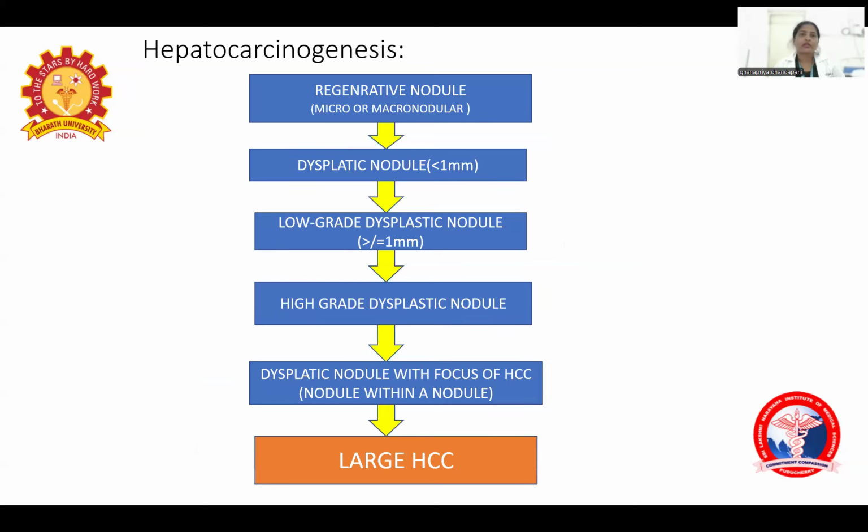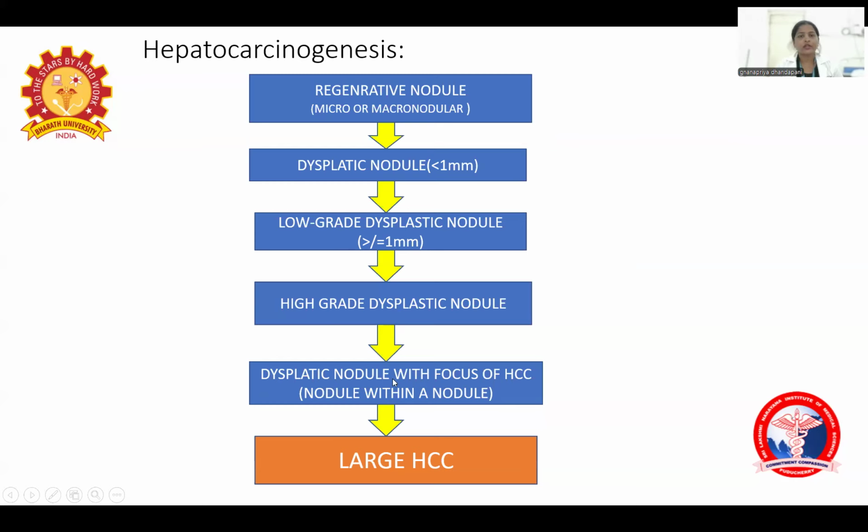Coming to hepatocarcinogenesis, in a cirrhotic liver there is regeneration of the hepatocytes. This regeneration appears as micro and macronodular patterns. These nodules undergo dysplasia, initially as small foci less than 1 mm, known as dysplastic foci. Then the dysplastic nodule becomes larger, more than 1 mm, and we classify it as a low-grade dysplastic nodule. From low-grade dysplasia, there occurs high-grade dysplasia, so we classify it as a high-grade dysplastic nodule.